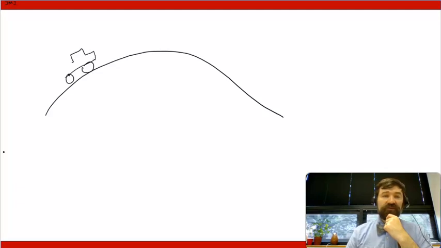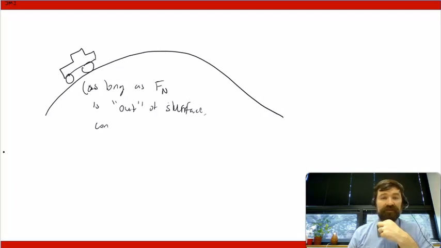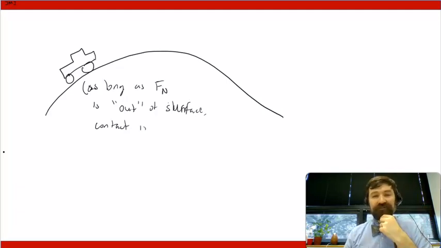If this car, or this truck, is moving along the slope, it remains on the slope as long as there is a non-zero normal force. So as long as Fn is, we could say, out of the hill or slope or surface, then contact is maintained. And that means that this truck will not fly off the hill.